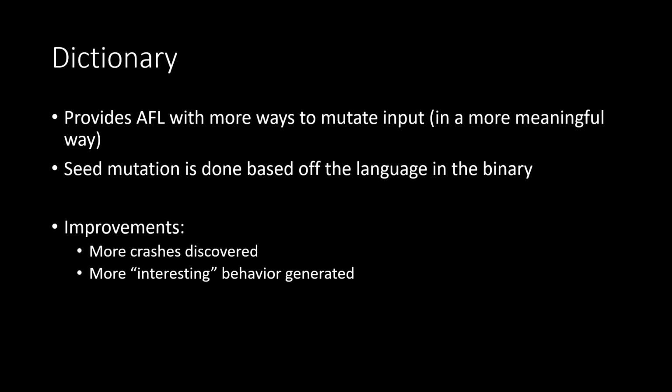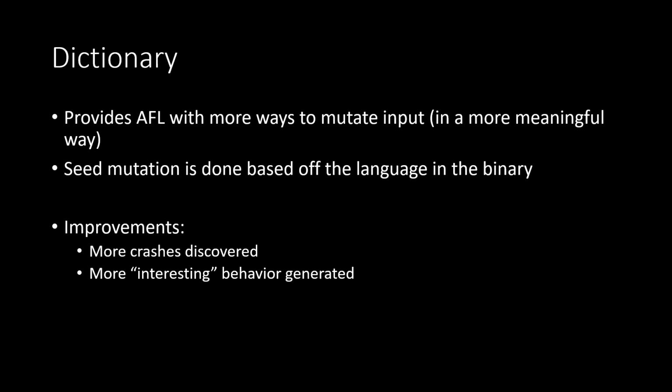We want to provide stuff in the dictionary that will lead to more meaningful mutations down the line. So we tailored it to a specific application, which means every dictionary was different based on each application, with the idea that with this tailored input, we could generate more behavior that would lead to crashing.